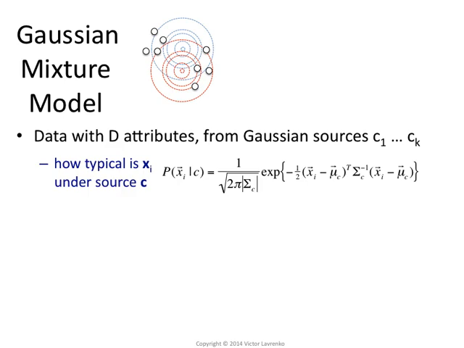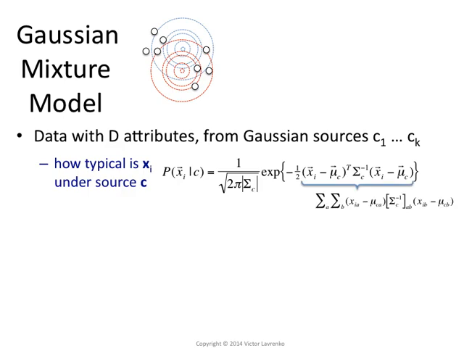That's the only way you can get a spherical Gaussian like that. So at this moment, it's an instance of an identity matrix. But in general, this will be some matrix that reflects how the different attributes are expected to correlate with each other.